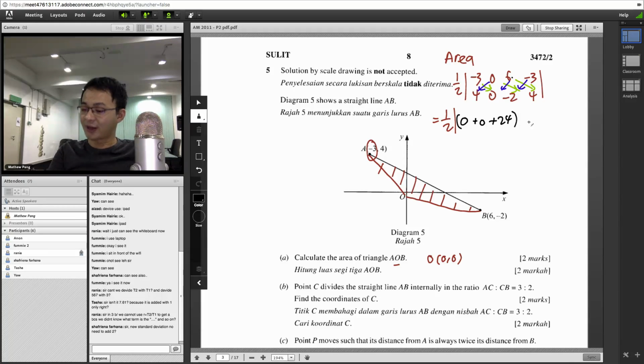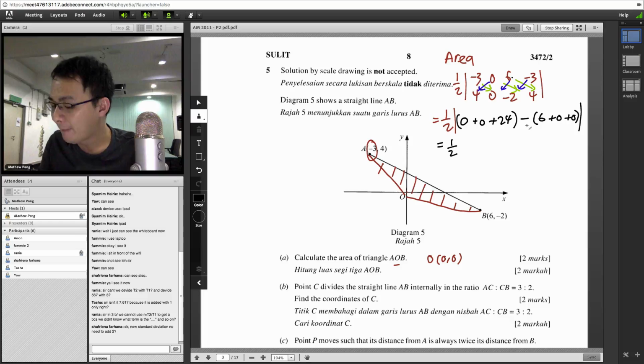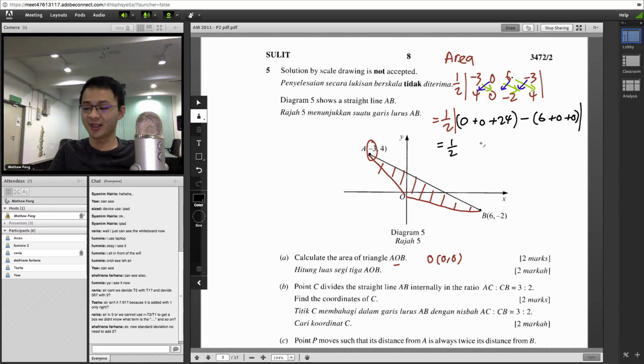Then I close bracket and say minus. Whenever you change direction, you have to minus. Then -3 multiply -2, you get 6. 6 multiply 0 is just 0. 0 multiply 4 is just 0. Close bracket, and then add the modulus symbol. So this is 24 minus 6, which is 18. Half of 18 is 9. So the area is 9 units square.